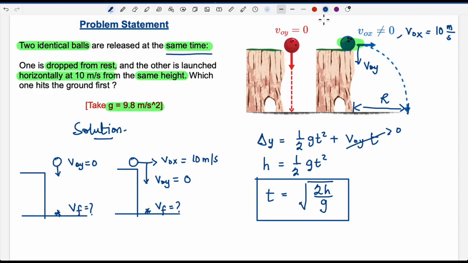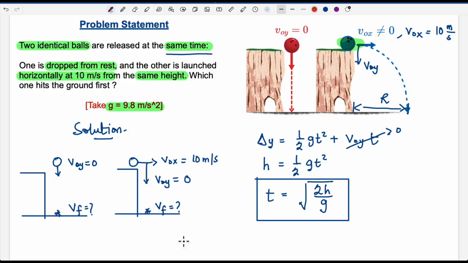So the key point to note here is that it takes the same time for both balls to hit the ground. And this is the physics. So all you need to do is calculate the fall time, okay? Because it is a projectile motion and it consists of two parts or two dimensions of the motion, vertical and horizontal. The only connecting thing between the two parts of this motion is the time.